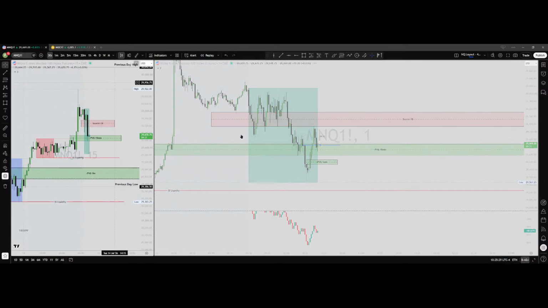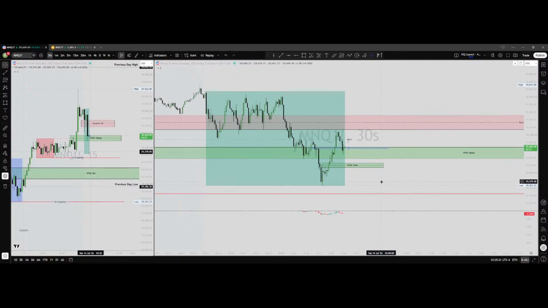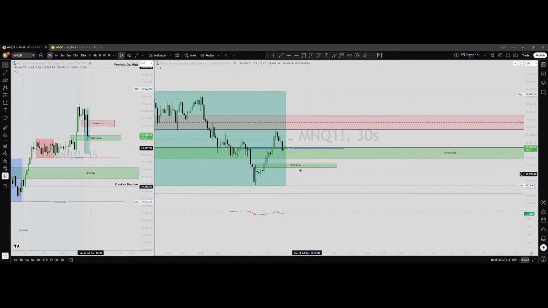Let's say if we have a 30-second IFVG coming out of here, then we will be looking to take price long.